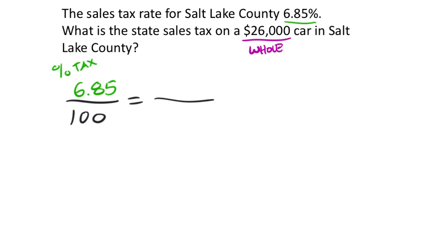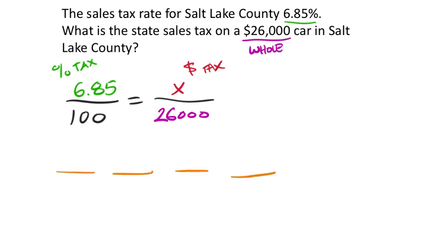What we're looking for is a partial value of the car, which would be the tax. And so we're going to put that 26,000 here in the bottom, meaning we don't know the dollar value of the tax.